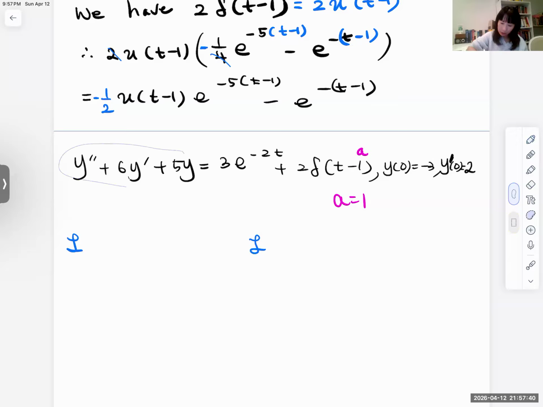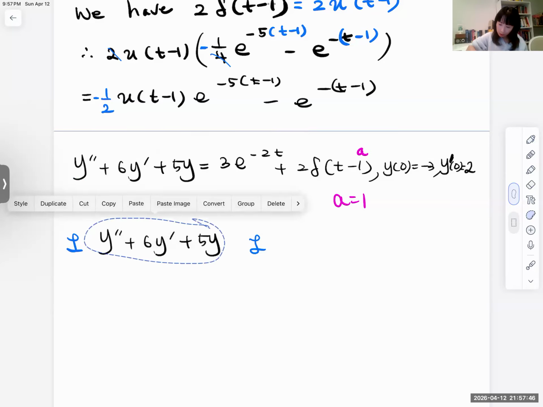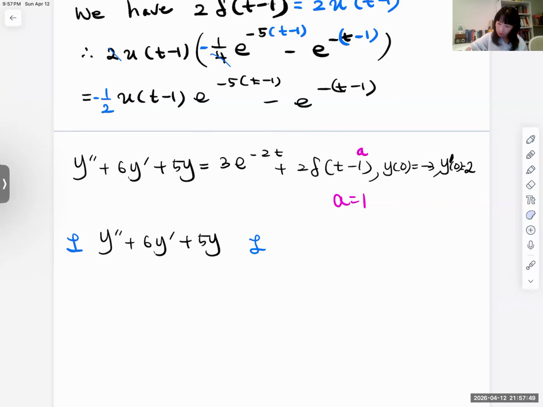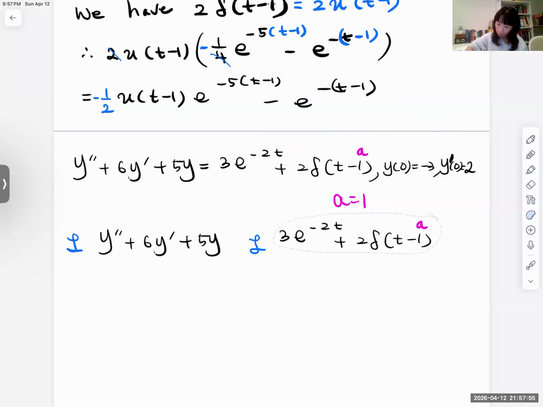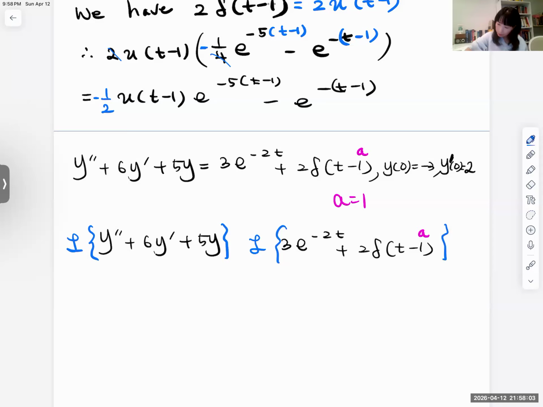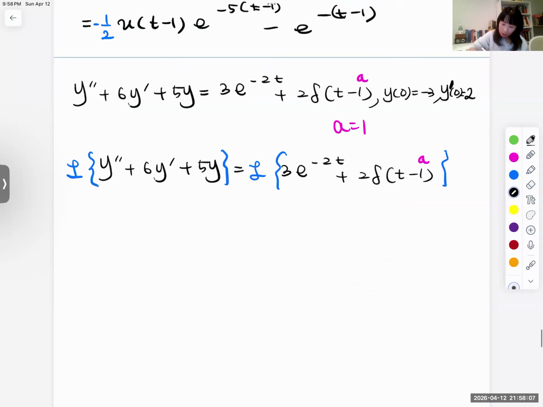So the left hand side, copy, and right hand side, copy. Okay. All right.